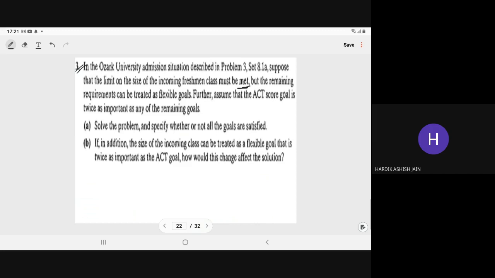The total number of new students in Ojak University must be greater than or equal to 1200. So that is not a goal, but the remaining requirements can be treated as flexible goals. Further assume that the ACT score is twice as important as any other remaining goals.